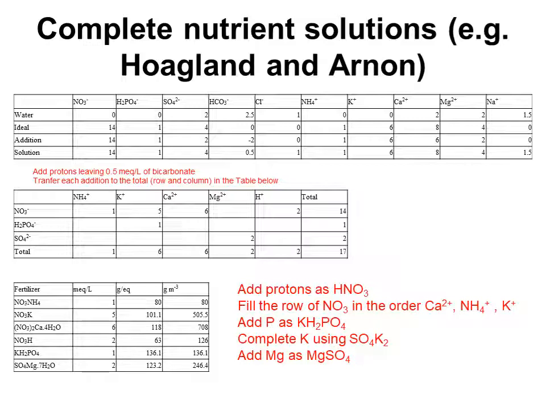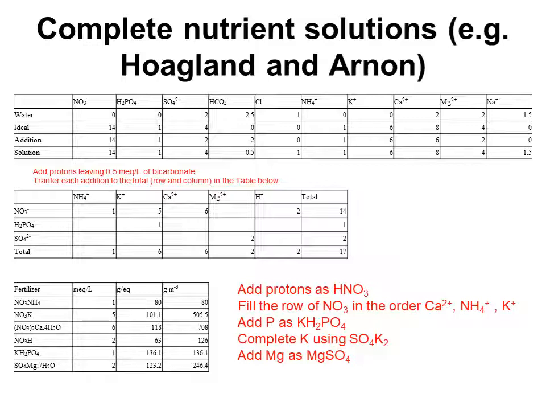The cations: ammonium, potassium, calcium, magnesium, and protons. And here we write nitrate, phosphate, and sulfate. And we put here the totals that we need, the totals that come from addition. For instance, for total nitrate, we put here 14. Why? Because in addition we have 14.